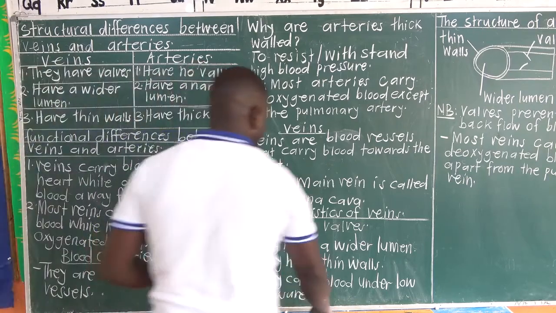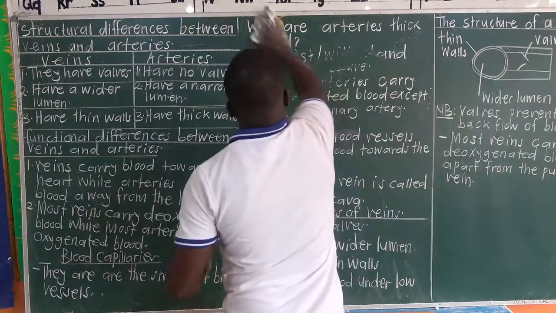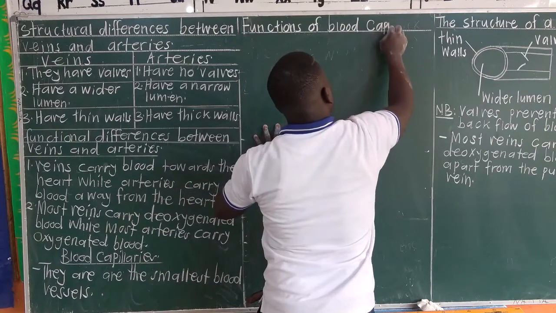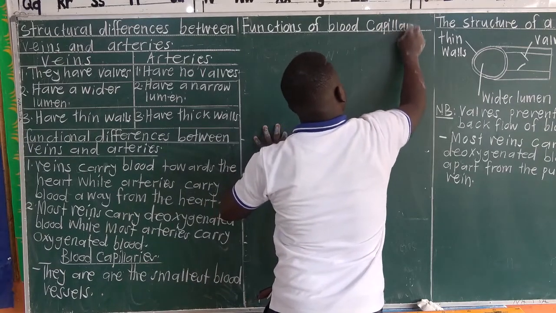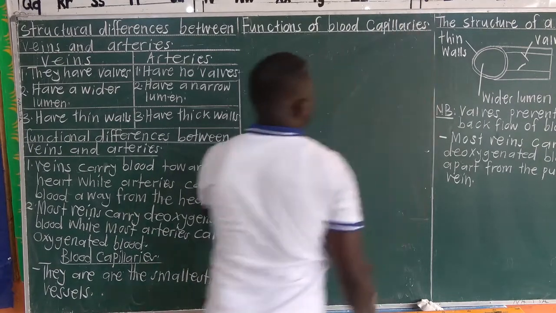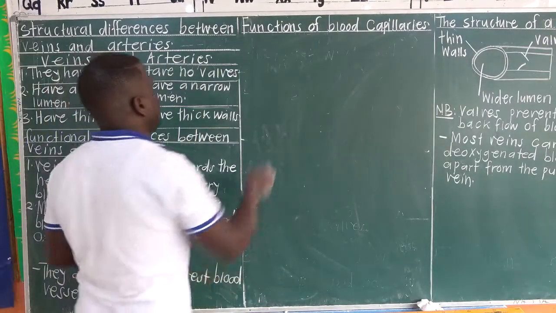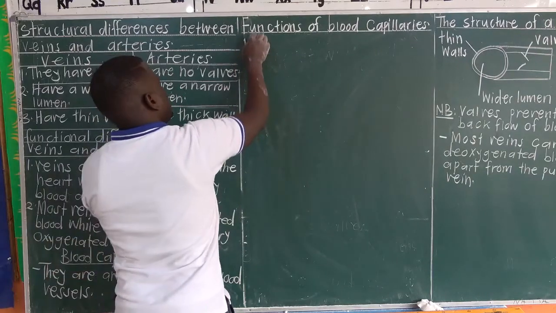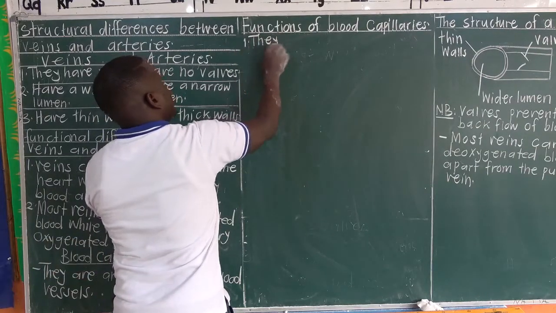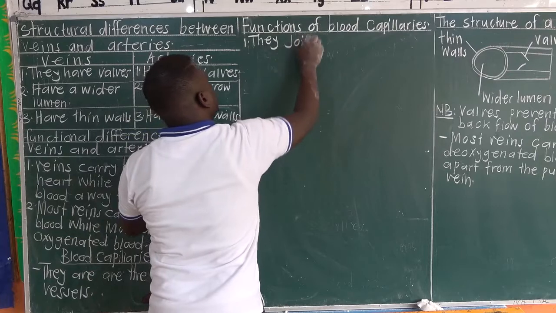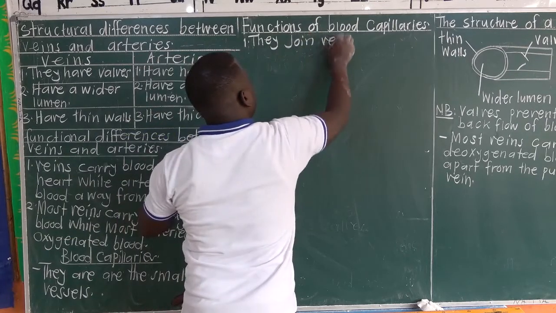Then maybe we look at the functions of blood capillaries. Now, blood capillaries have two major functions. One, they join veins to arteries.